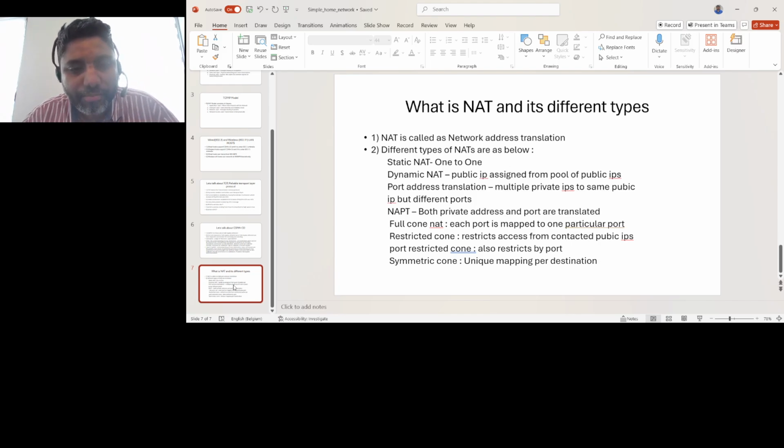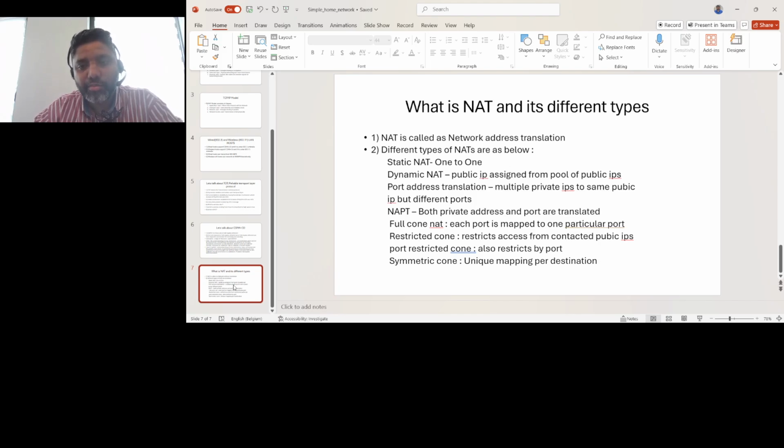Static NAT. Dynamic NAT. So dynamic NAT is a situation where a public IP is chosen from a pool of public IPs. Each residential router will be given a pool of public IP addresses by your ISP backbone router. From that pool, it will translate the private address to a public IP address, so there is no one-to-one mapping, but there is many-to-many mapping, right?